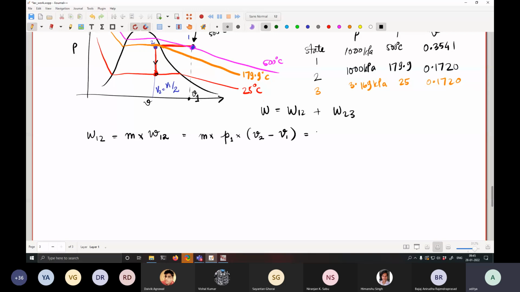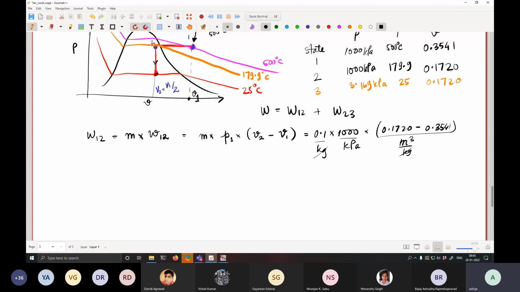So this will be 0.1 times 1000 kilopascal times V2, which is 0.1720, minus 0.3541. Look, this unit is kilopascal, this is kg, and this is meter cubed per kg. So kg cancels, and the unit is kilopascal meter cubed, which is essentially kilojoule.